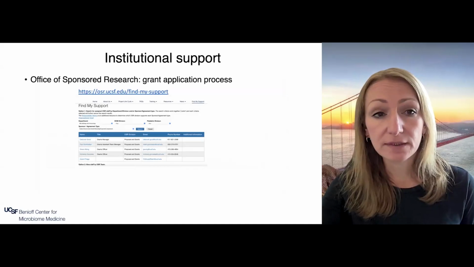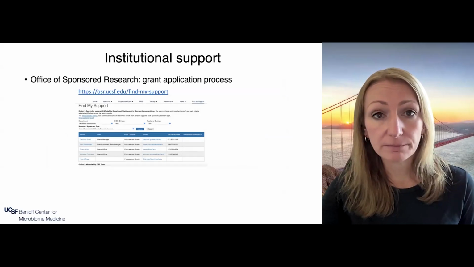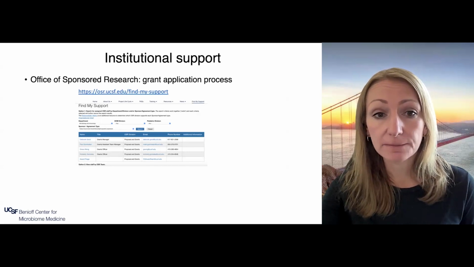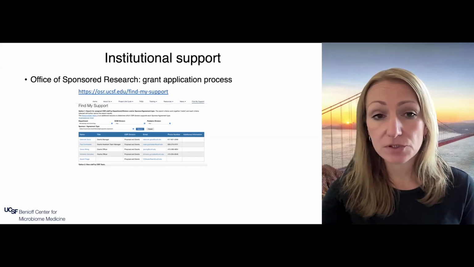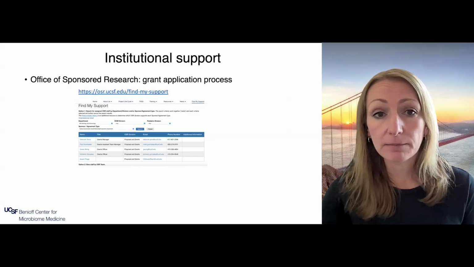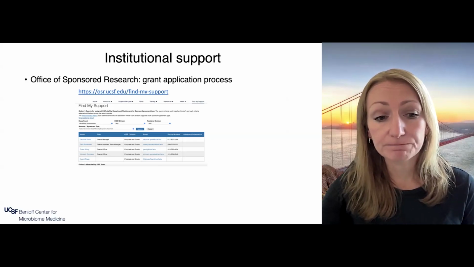And so with that, I would like to close with the message that you're not alone in this application process. Your good point of contact is the Office of Sponsored Research. That's where your signing official can be found, and they're really instrumental in driving and submitting your application.